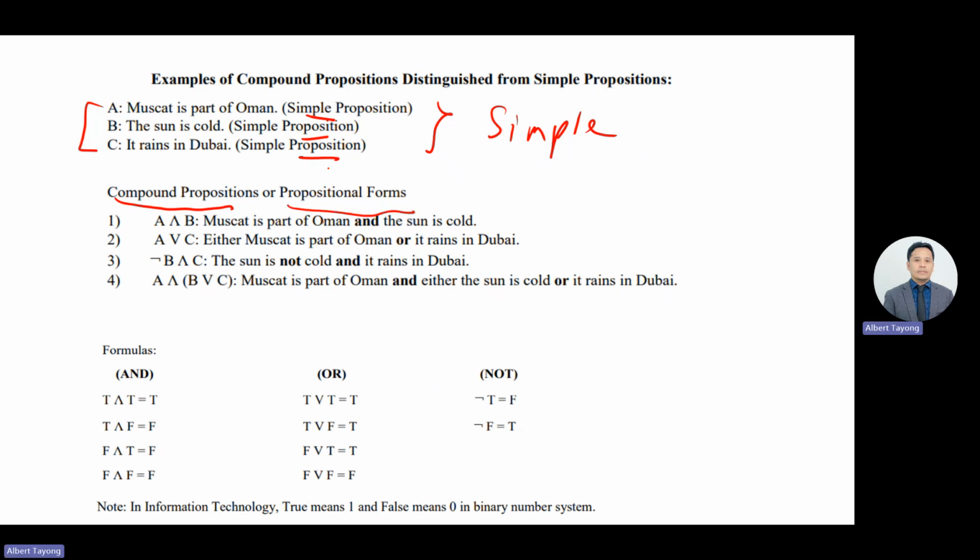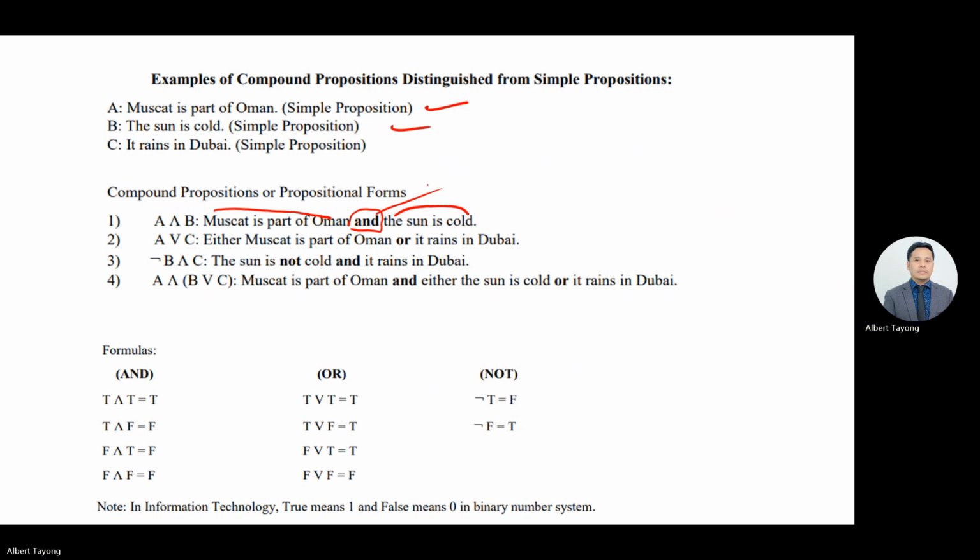Okay, so like the first one, A and B. Our A is Muscat is part of Oman. That is our A. And the sun is cold is our B. So this is our connective, our logical operator, the and.